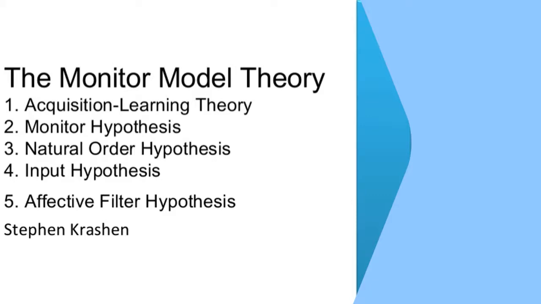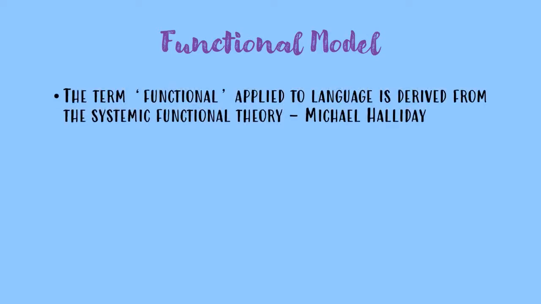Now in this part we talk about the functional model. The term functional applied to language is derived from the systemic functional theory of Michael Halliday. It's a current theory of language development. It continues to be modified and developed both by Halliday himself and by others, including Ruqaiya Hasan and Jim Martin.